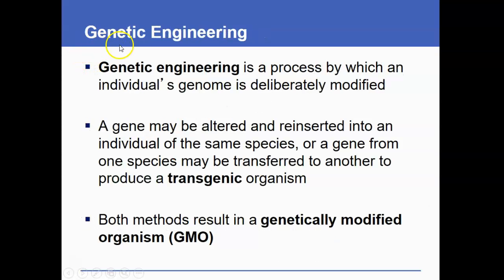So another huge umbrella for things we've been talking about, and applications of biology, is genetic engineering, where you are deliberately modifying an individual's genome. And this is, again, what we've been focusing on in those CRISPR discussions. But most people have actually heard of genetically modified organisms, or GMOs, as they're related to foods.